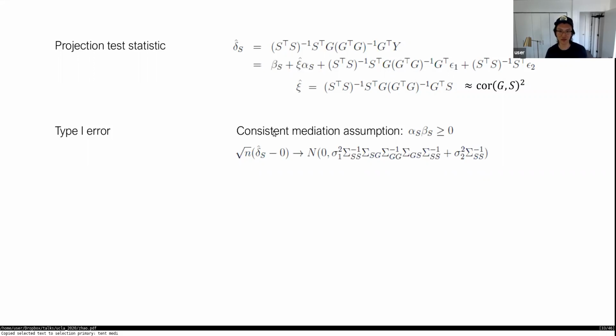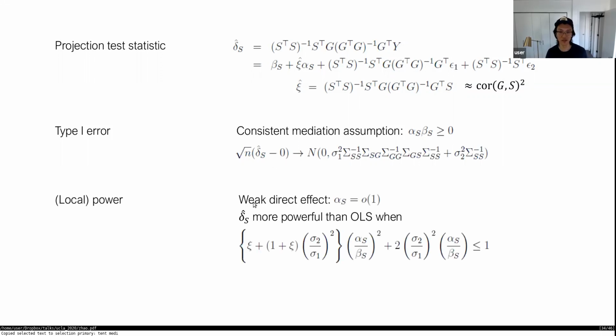In the mediation literature, this is called consistent mediation. It says that the effect of S on G can't contradict the effect of G on Y. If you have that, then under the null hypothesis, this is the distribution of your test statistic, and you will still have type 1 error.